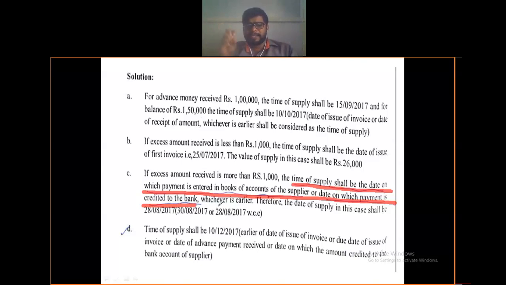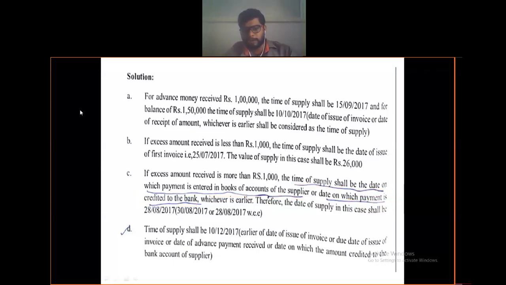You are comparing the date the payment is entered in the books of account, plus the date the actual payment is credited to bank account. Whichever is earlier is considered as a time of supply. Therefore 30th August 2017 as well as 28th August 2017, whichever is earlier is 28th August 2017, that date is considered as a time of supply.